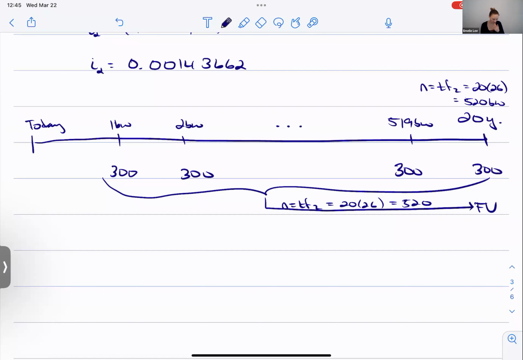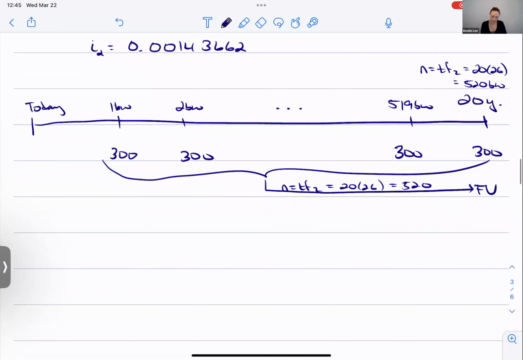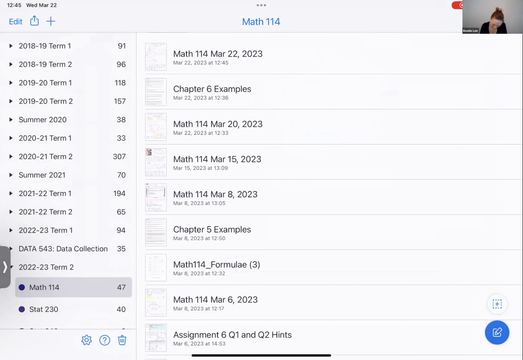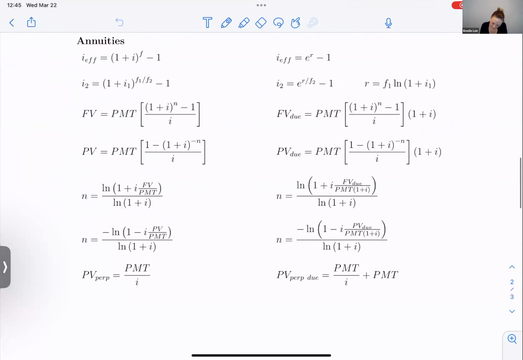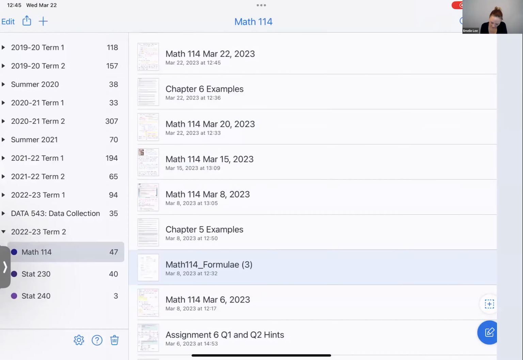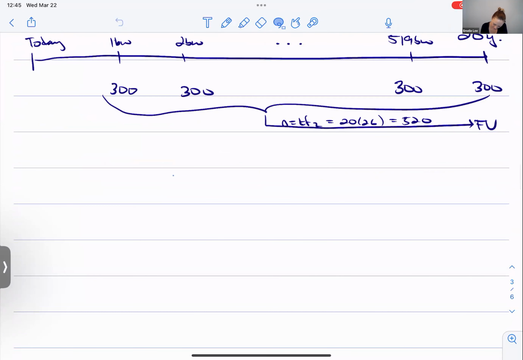So I think we're ready to solve for the future value, right? Let's just have a look at the formula sheet. I want to find the future value, and we're given a nice formula for that. Looks like we have all the components too. So we can just start plugging things in.